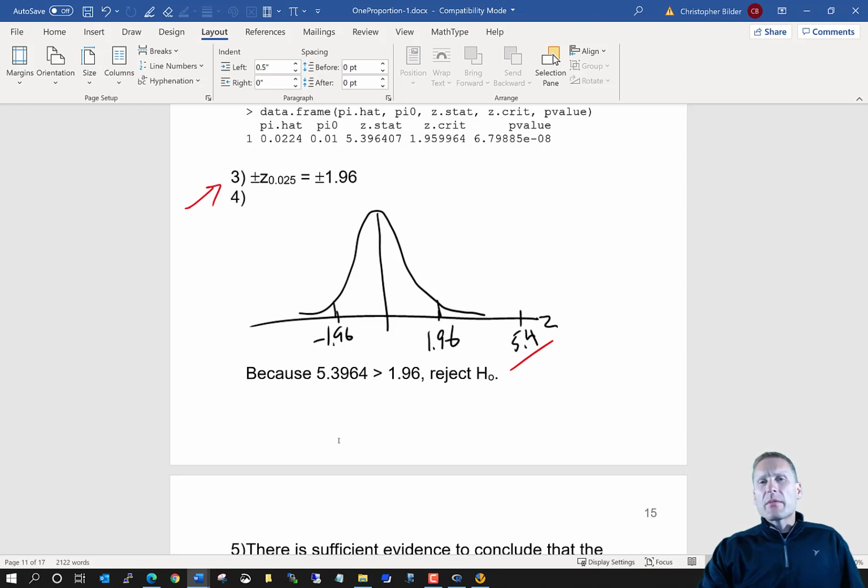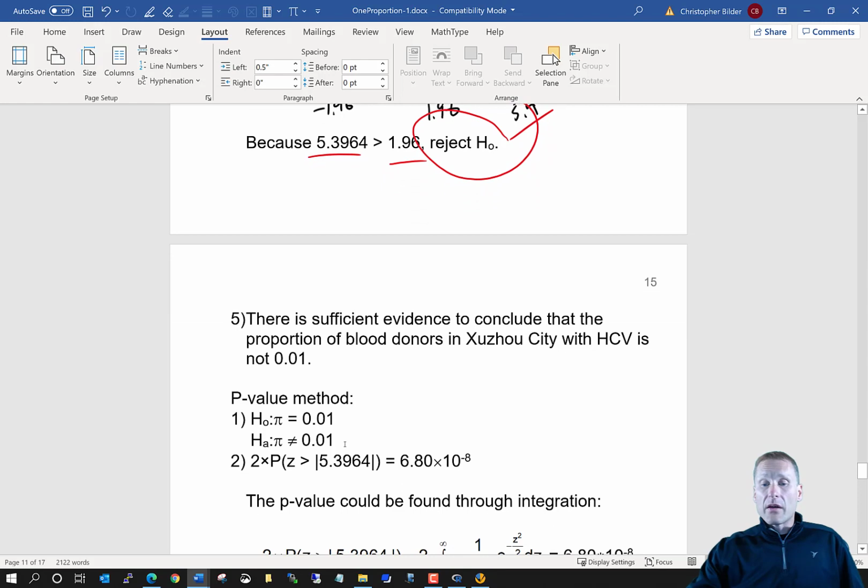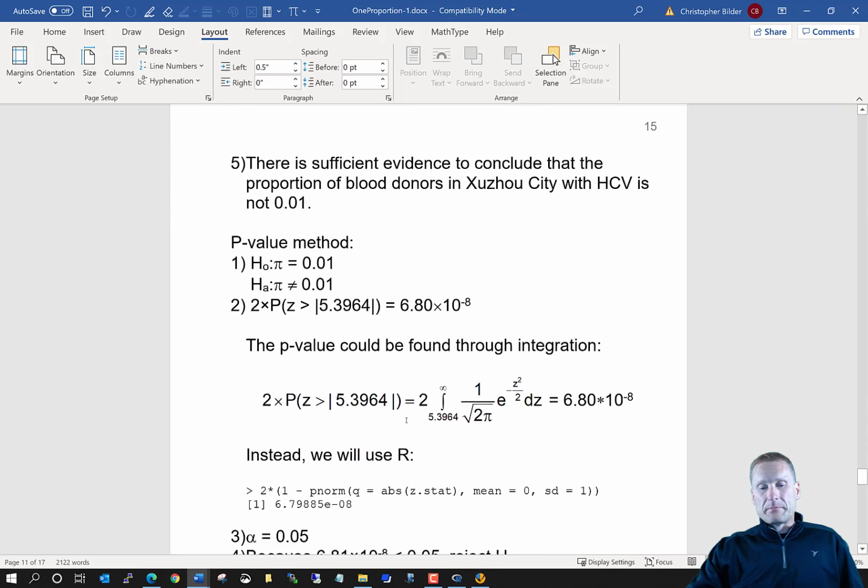So what this is telling me is that if pi was truly 0.01, it would be very unusual to observe 42 people with HCV out of 1,875. So because of that, since 5.4 is greater than 1.96, let's reject H0. Thus, there is sufficient evidence to conclude that the proportion of blood donors infected with HCV is not 0.01.